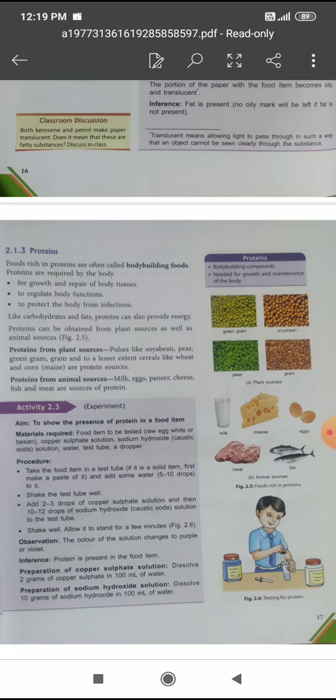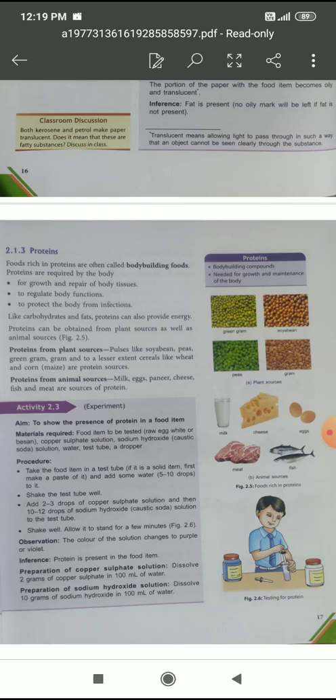Then procedure: take the food item in a test tube. If it is a solid item, first make a paste of it and add some water, 5 to 10 drops, to it. Shake the test tube well.